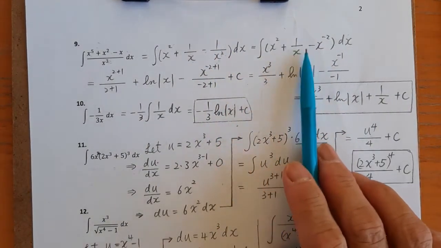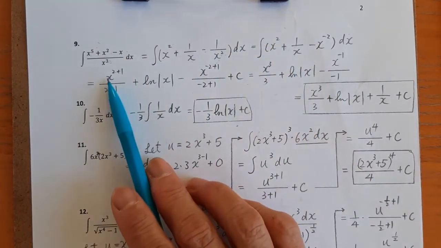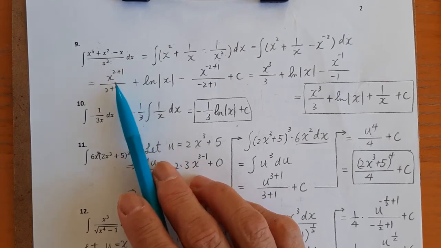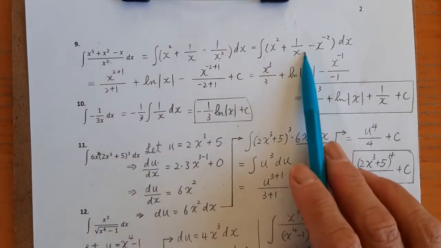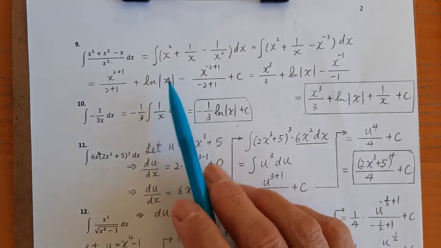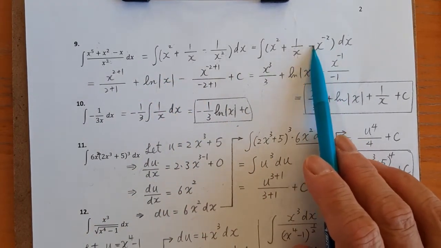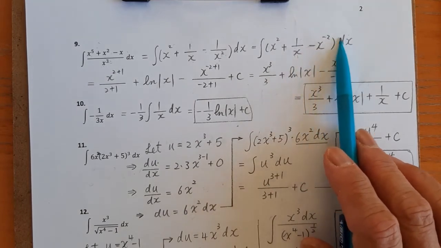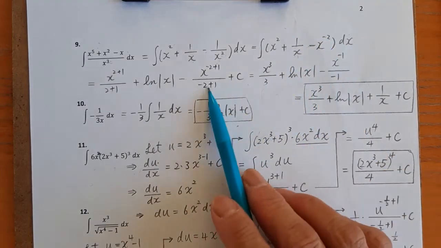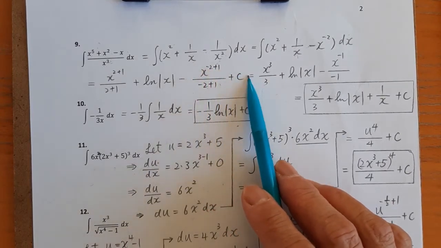And then each one take integral. x squared take integral become x to the power 2 plus 1 over 2 plus 1, plus 1 over x take integral is ln absolute value x, minus. x to the power negative 2 take integral is negative 2 add 1 on the numerator, x to the power negative 2 add 1, plus c.